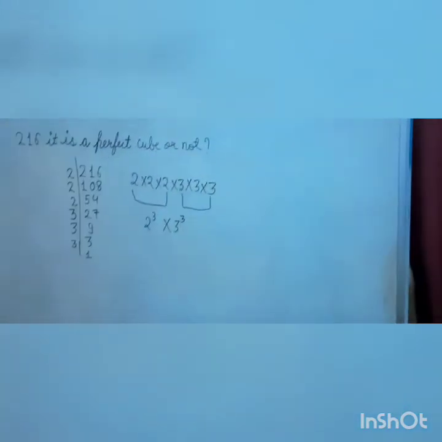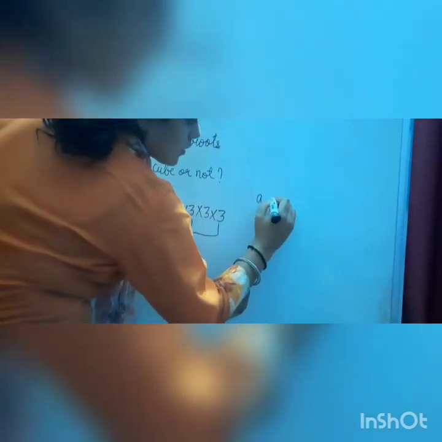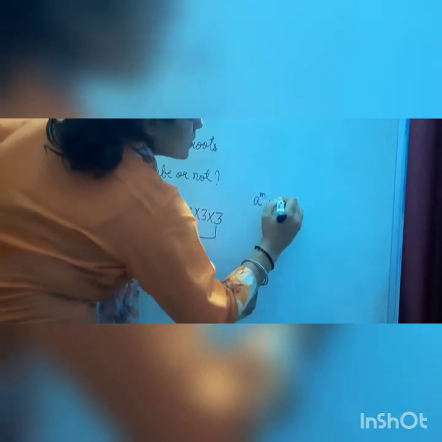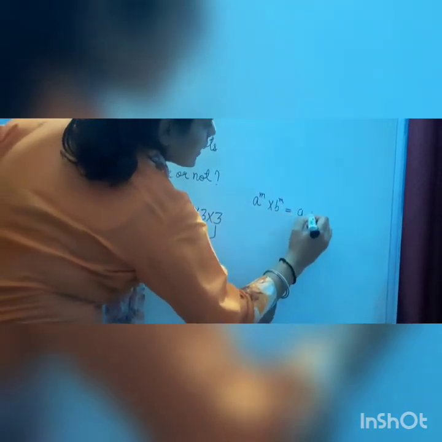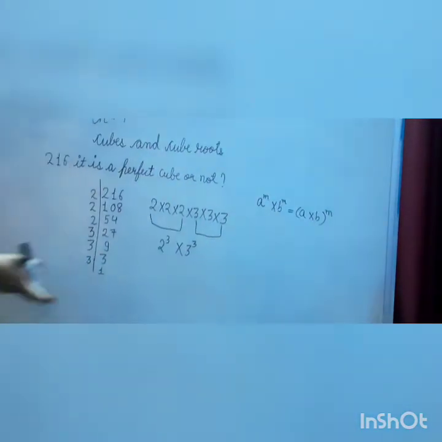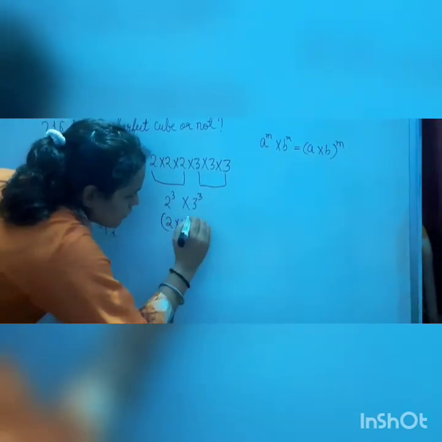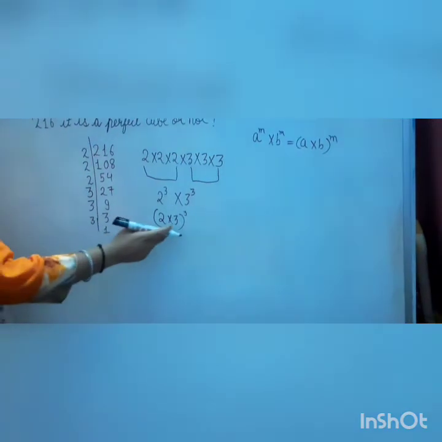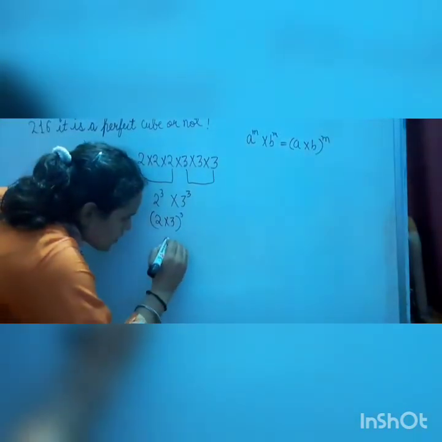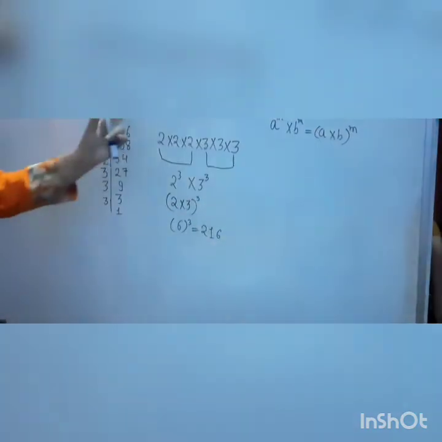In exponent and power you have read that if the numbers are different but their powers are the same, you can multiply those numbers with each other and write the power outside. So you have to write 2 times 3 to the power 3. 2 3 is 6, 6 to the power 3, so 216. So you can say that 216 is a perfect cube.